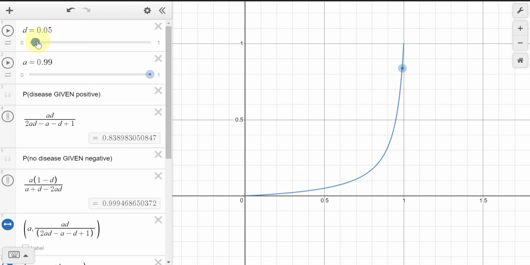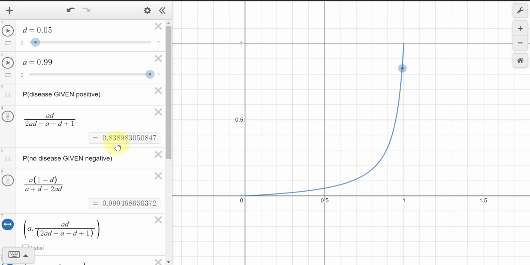Then another interesting thing to do is to manipulate the incidence rates of the disease, because even that is a little bit low, even at 99% accurate. It's pretty confident, but what you would want to do is ask, does this person have any symptoms? Because this is still not certain that they actually have the disease, even when they tested positive.